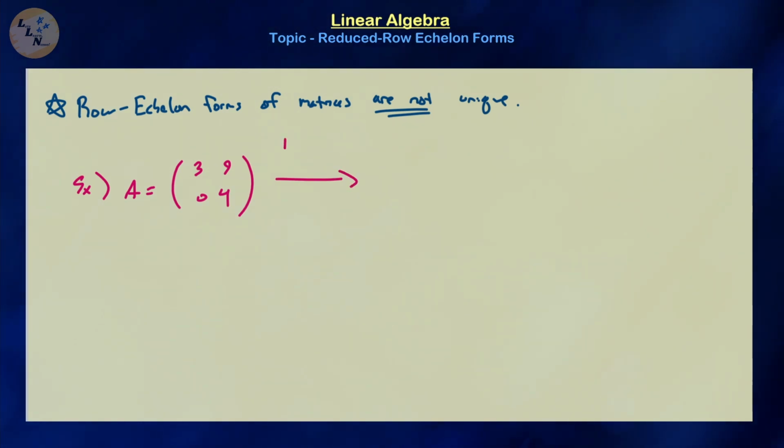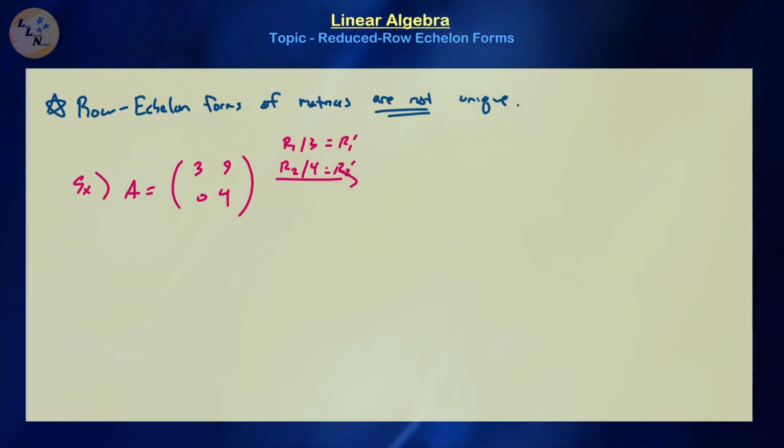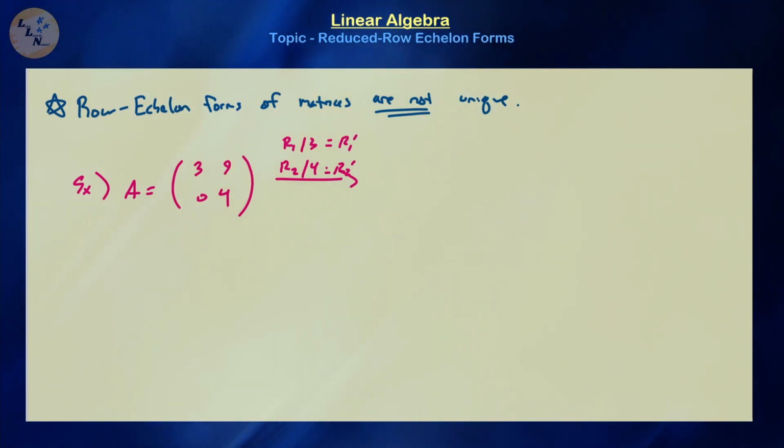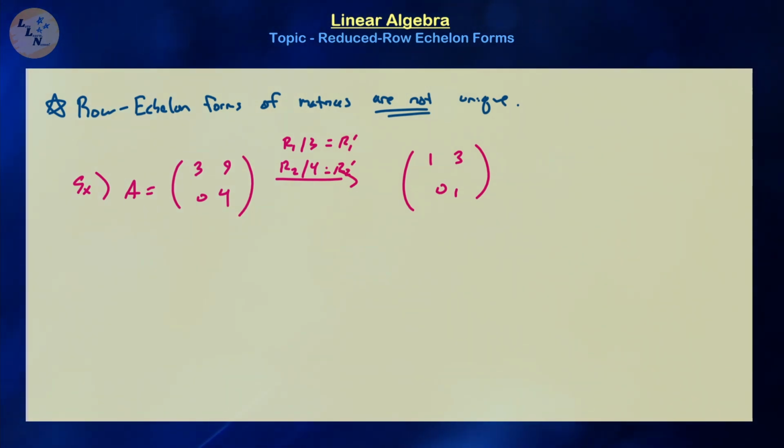But if we do row 1 divided by 3 and row 2 divided by 4 to define a new row 1 and new row 2, we get another row echelon form, the matrix 1, 3, 0, 1, which is also in row echelon form. So if I ask what is the row echelon form of this matrix A, there are actually infinitely many answers you could give me, and that sometimes poses an issue.